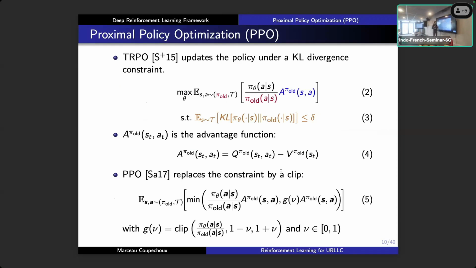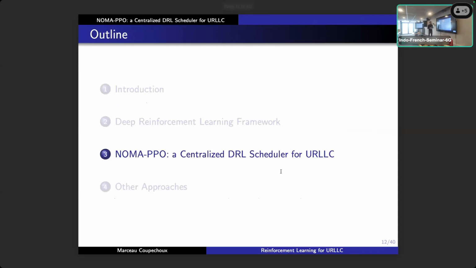In reinforcement learning, there are some theoretical foundations, but there is a lot of heuristics here. It's like having a global framework which is theoretically grounded, let's say, but then when we go to practice, small tricks are very important. Let's have a look at what we have done.